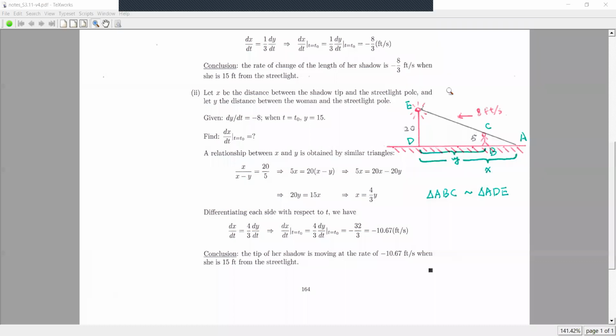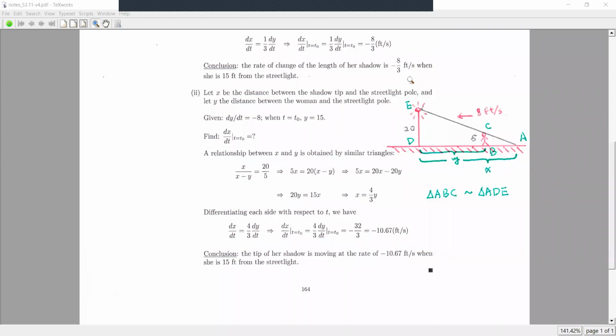Step 2. Introduce variables. I still use y to denote the distance between the woman and the light pole. But this time, I use x to denote the distance between the tip of the shadow and the light pole.